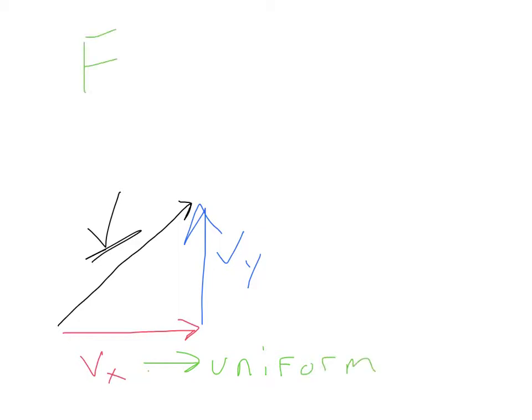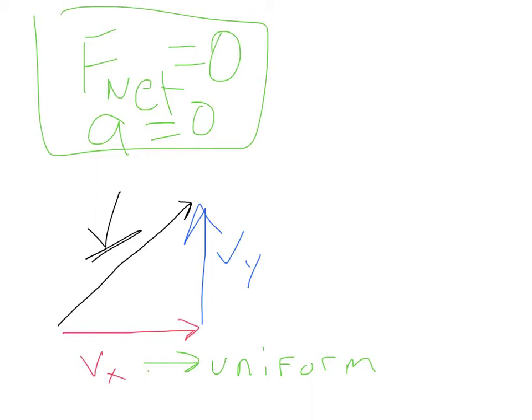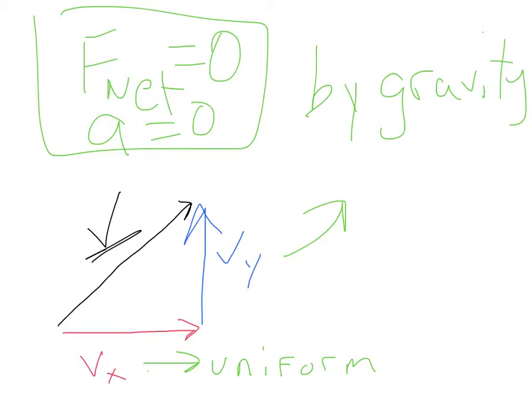So if the net force equals 0, then the acceleration equals 0. The y component, however, is being acted upon by gravity, and so it is continuously, uniformly accelerating at a rate of 9.81 meters per second squared.